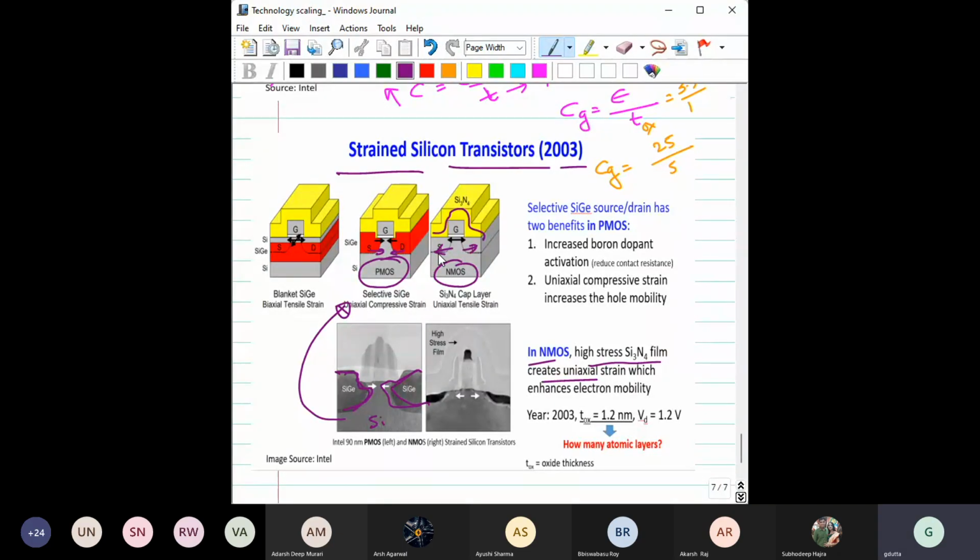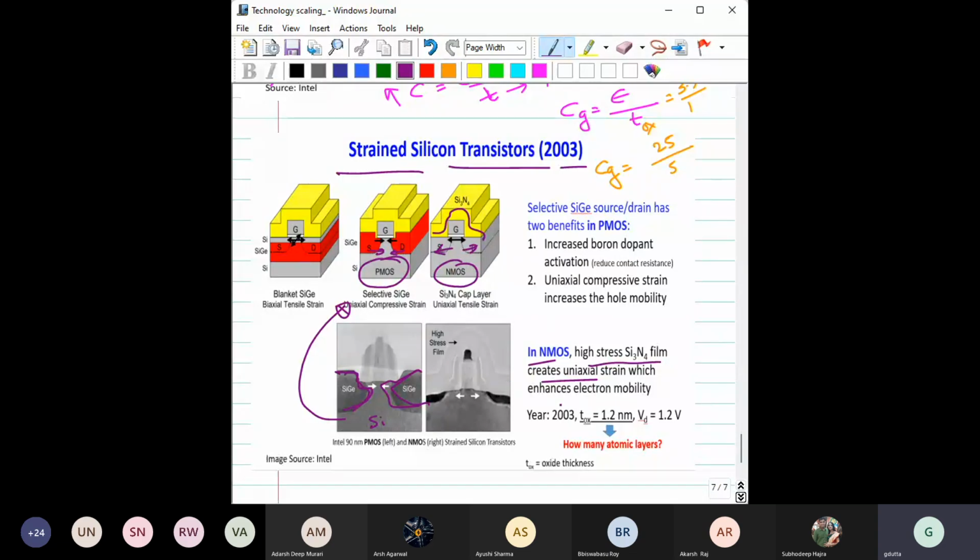So now think that these two are sitting side by side when you have CMOS, PMOS, NMOS. So for one, silicon germanium source drain creates compressive stress, and for the other one, create the tensile stress to make the mobility of electron higher, right?